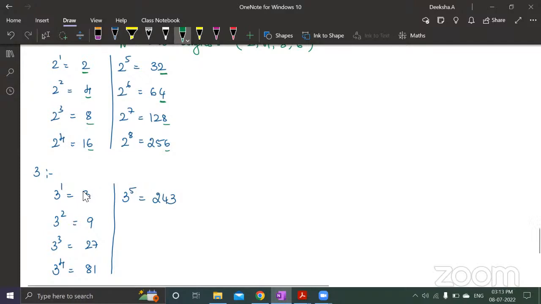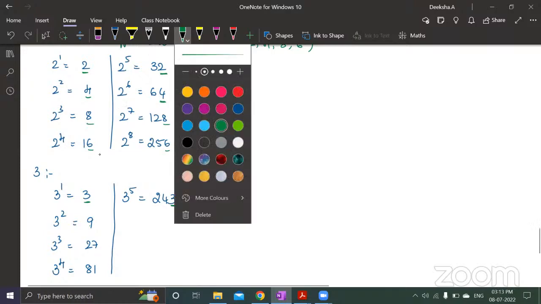As soon as you get one of the previous last digits, you can stop writing further, because since the last digit is the same as one of the previous ones, the next last digits are definitely going to repeat. So 3 power 6 is going to be 729, which has the same last digit 9. 3 power 7 will definitely have last digit 7.